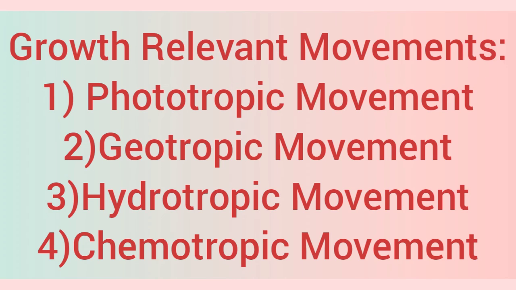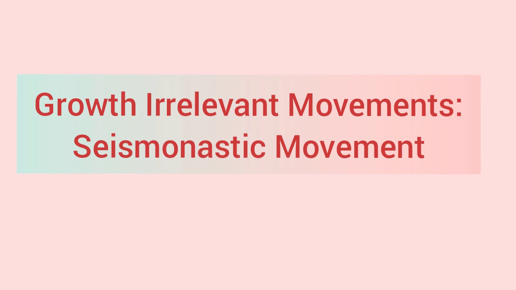We have seen both growth relevant movements as well as growth irrelevant movements. The growth irrelevant movement we have seen is seismonastic movement. This was all about coordination in plants.